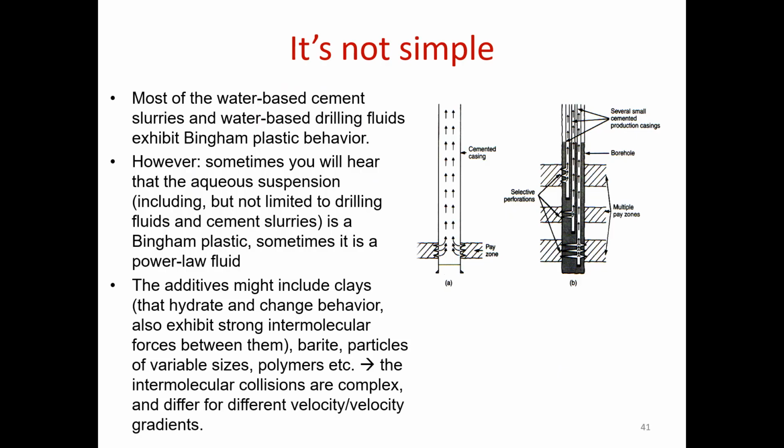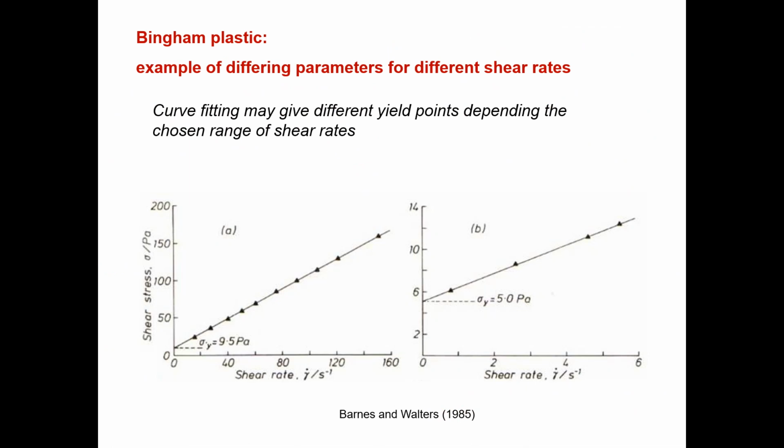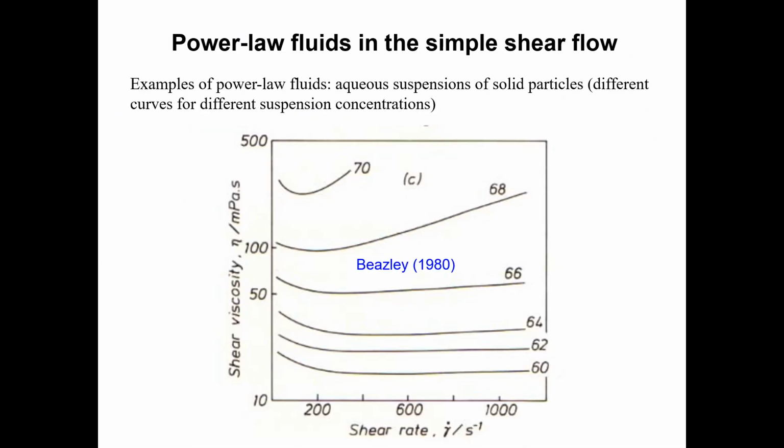So these were examples of the power law fluid. And see that this is an aqueous suspension of solid particles as well. Not sure which type of solid particles. Each curve is a different concentration of those particles. So as you increase the concentration, you get different behaviors versus shear rate.